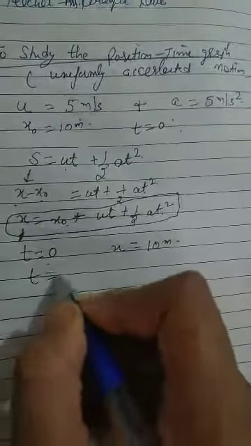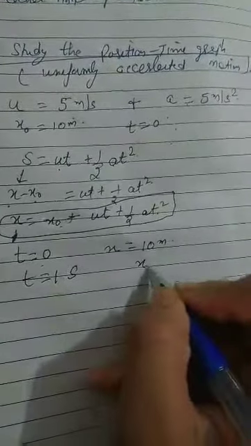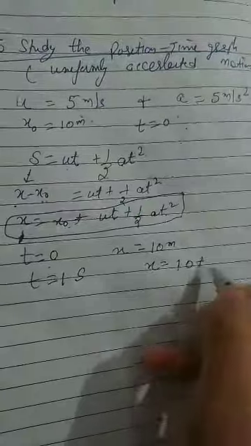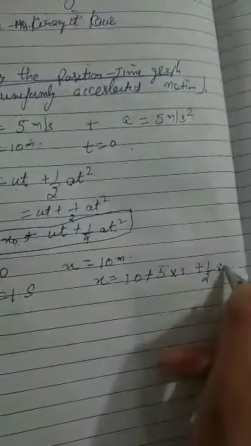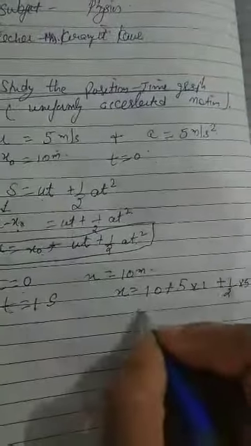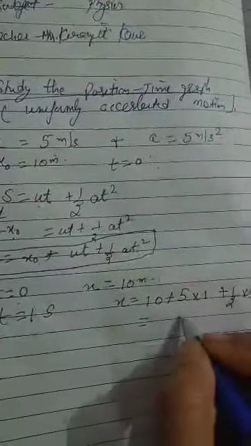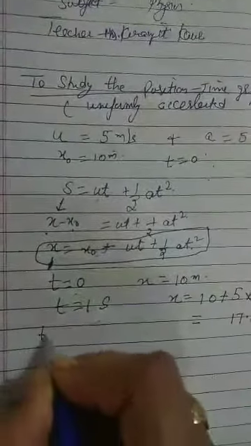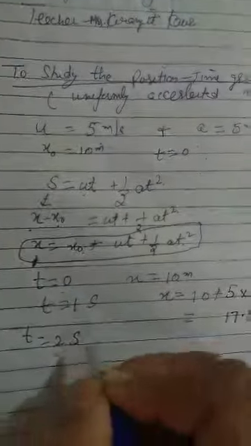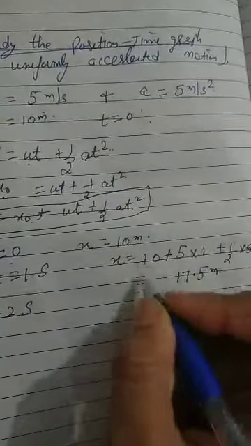For t is equal to 1 second, x will be 10 plus 5 into 1 plus 1 by 2, 5 into 1. Solve all these values, this value comes out to be 17.5 meter. Next, for t is equal to 2 second, similarly we will put the values.